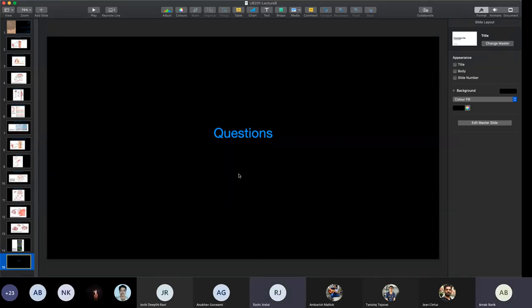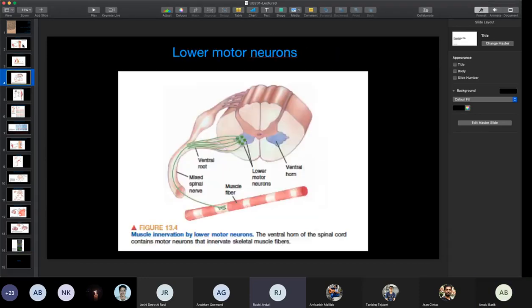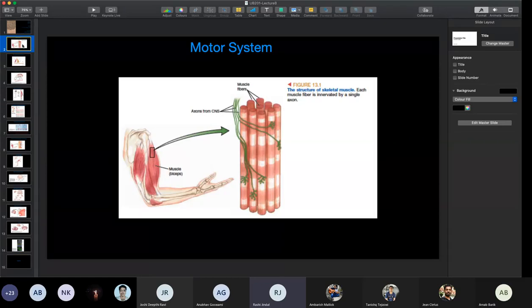Sir, I think in one of your earlier slides, you had shown us that there are multiple axon knobs at the neurotransmitter junction, just for generating one action potential, right?